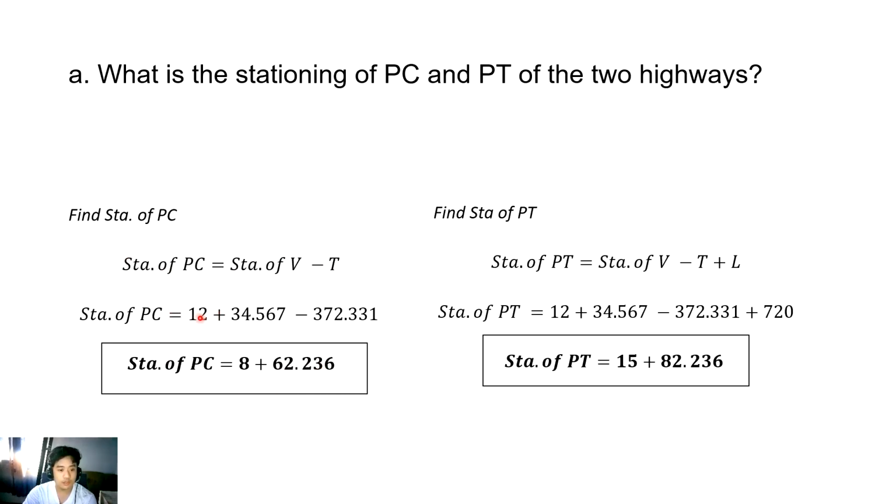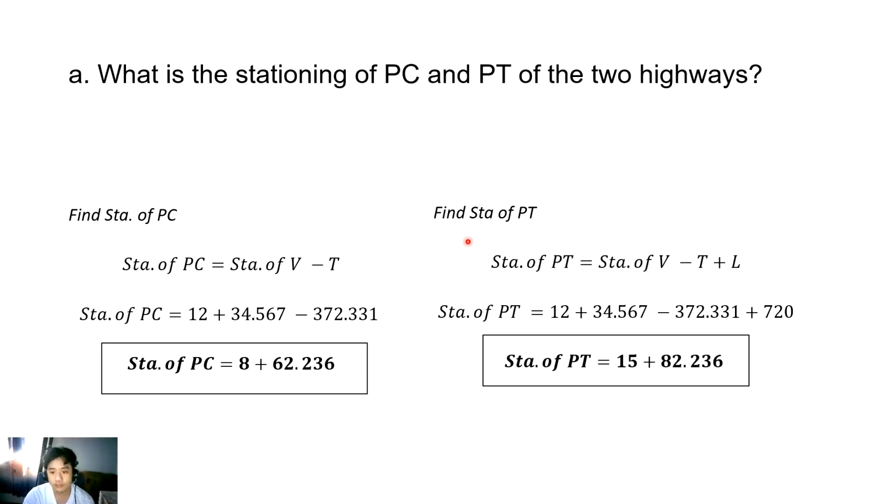So, as usual, pinagsama ko lang sila. So, magiging 1,234.567. Then, ma-minus natin siya sa 372.331. And, makukuha natin yung 862.236. And take note, since ito ay English, automatic ang ititira natin dito ay dalawang number lang. Then, yung plus sign, tapos yung natitira, which is yung 8. So, yun na. Makukuha natin yung station of PC.